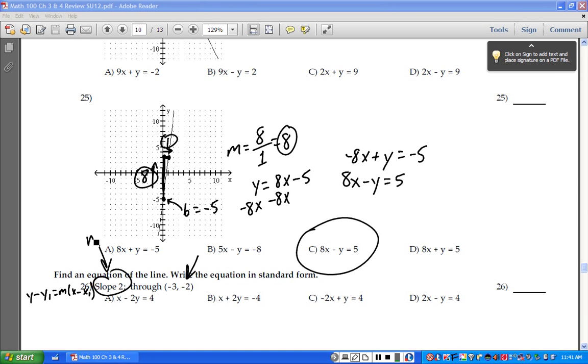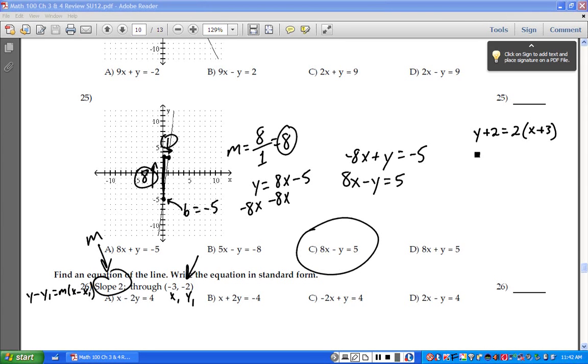Here's my m. Alright, here's my x1 and my y1. So when I plug it into point slope, I end up with y minus a negative 2 equals m times x minus a negative 3.